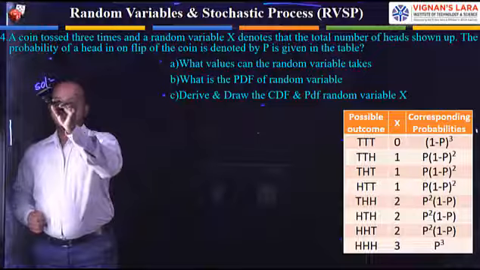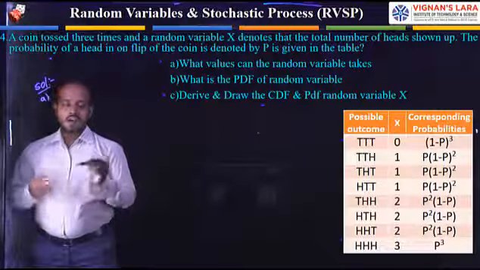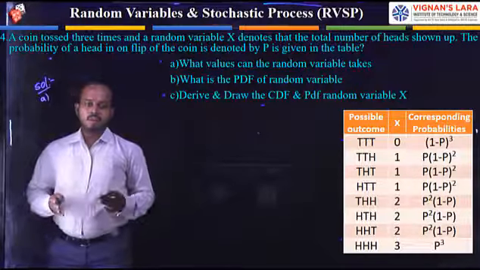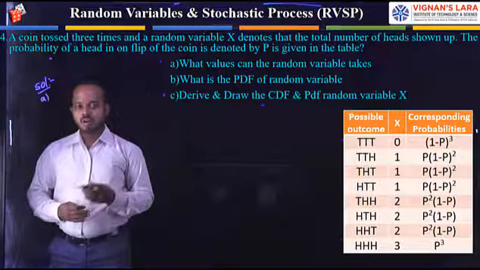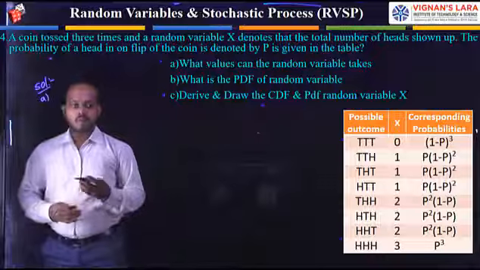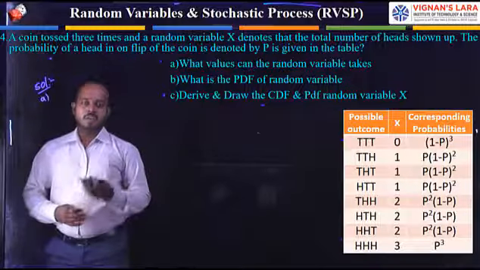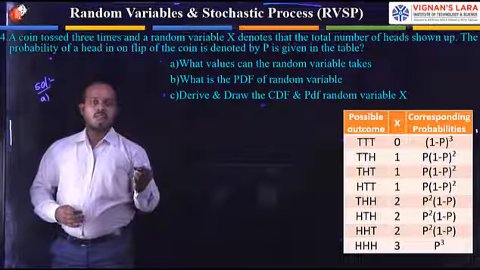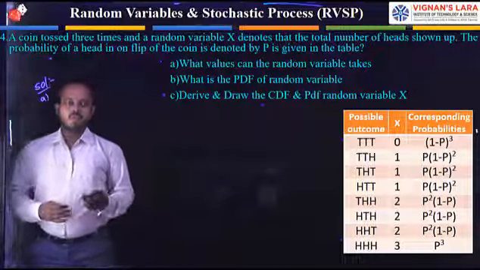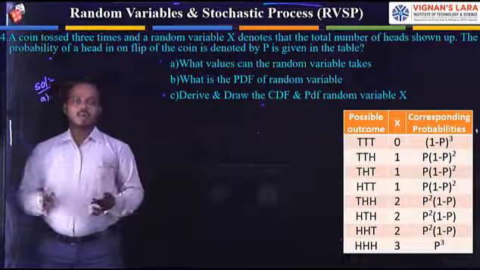First point is we are identifying whether the given random variable is a discrete random variable, continuous random variable or mixed random variable. According to given data, the random variable is a discrete random variable. Here we can find what values the random variable can take. That's why here I am taking one tabular form.